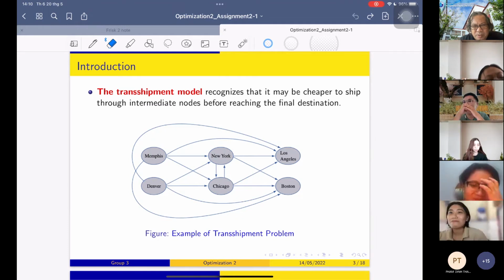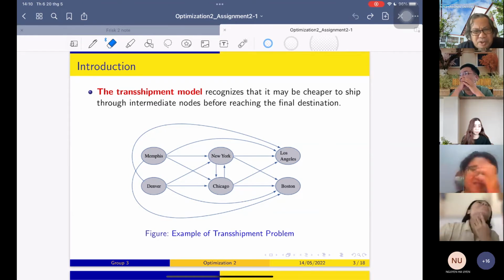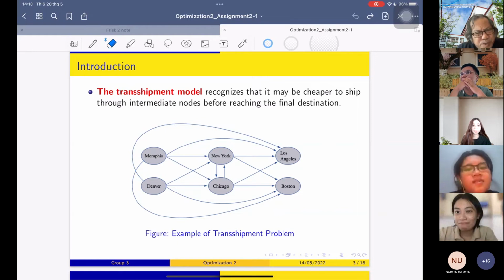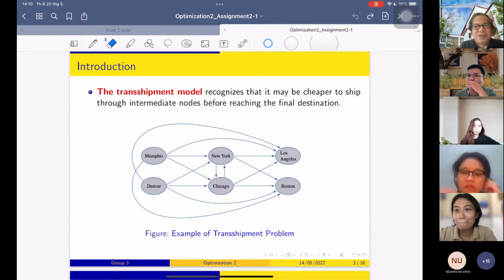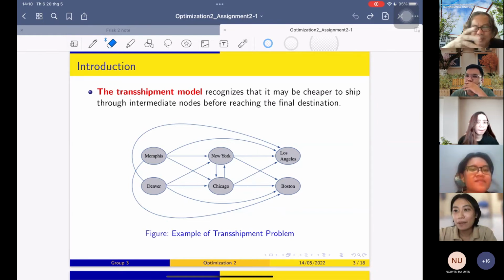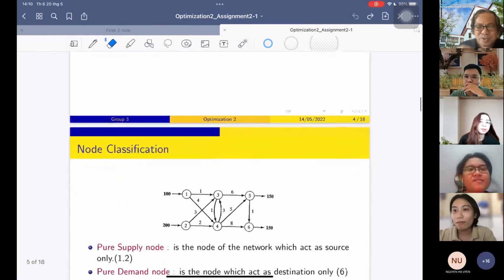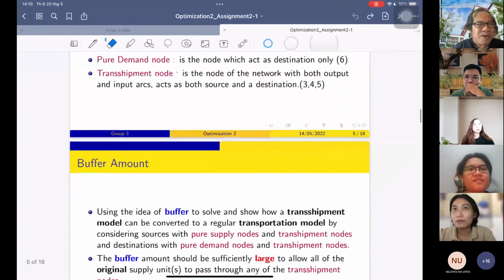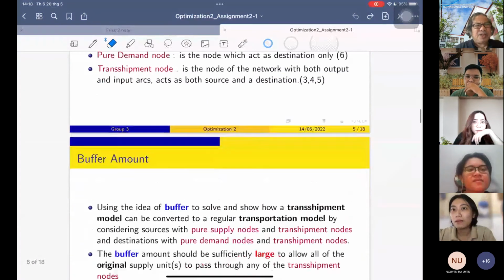When you teach people, you cannot give people so many things, and people don't know what it is. Transshipment node, extra node, a lot of things. What is transshipment node? What is extra node?